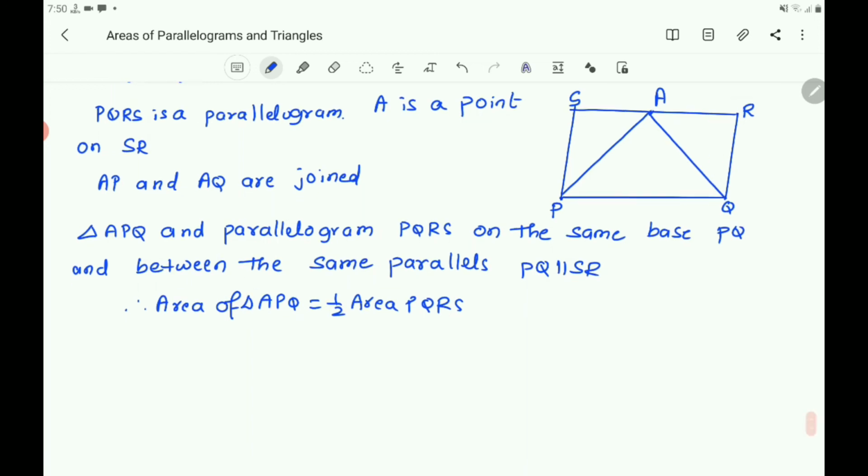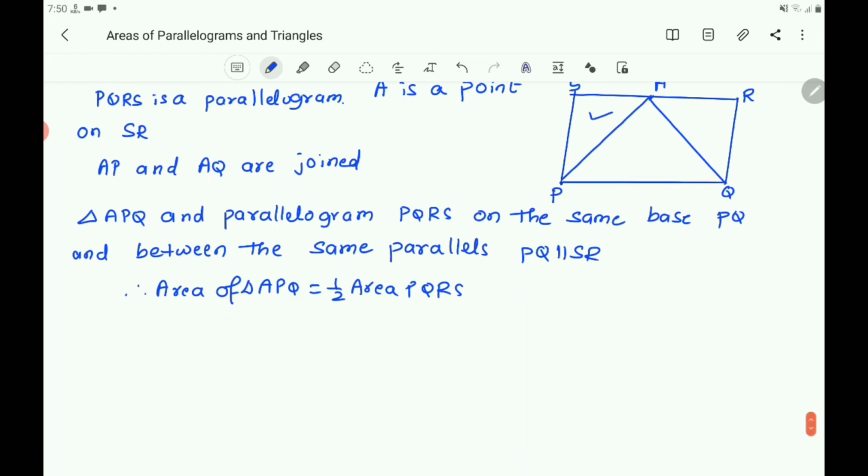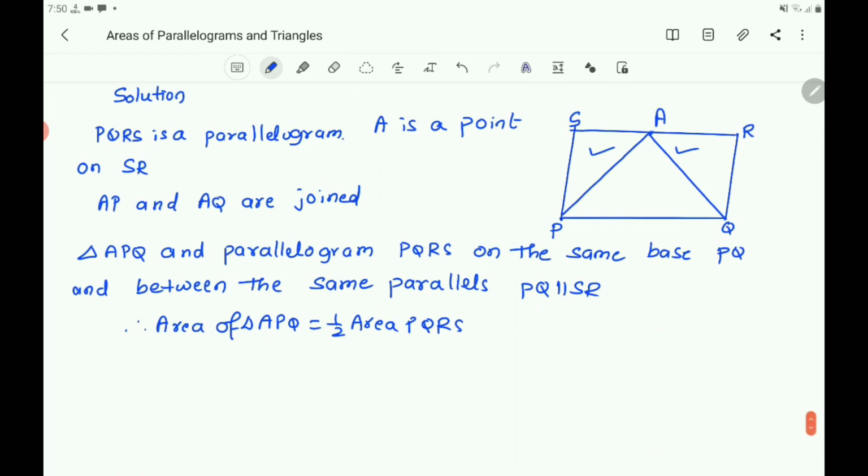Now, here you know that the remaining area, the sum of the area of the triangle APS and area of the triangle ARQ must be equal to half.